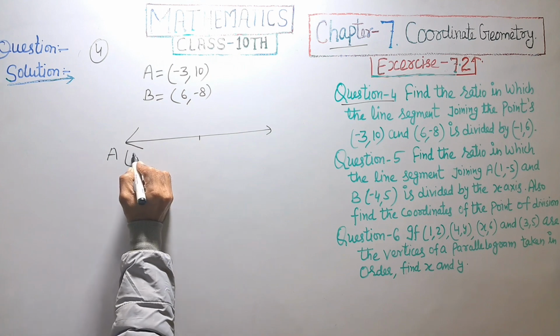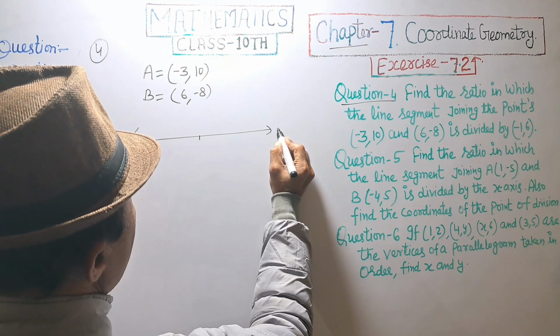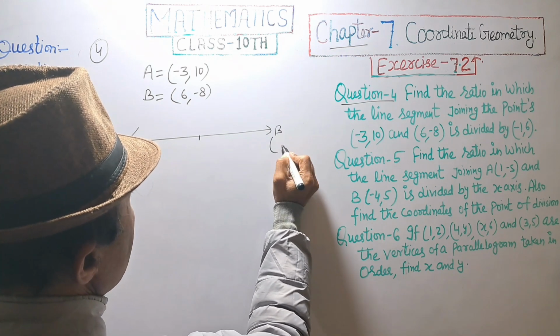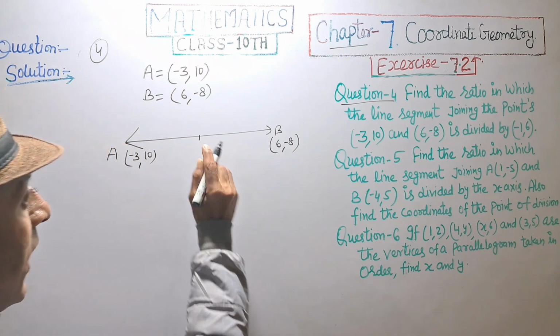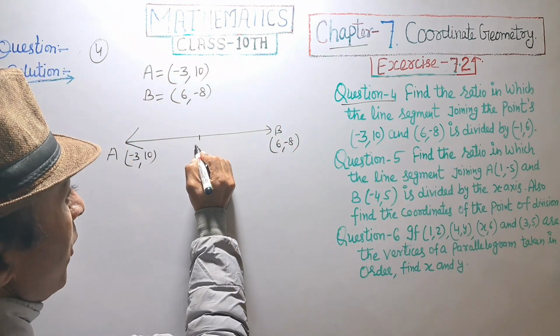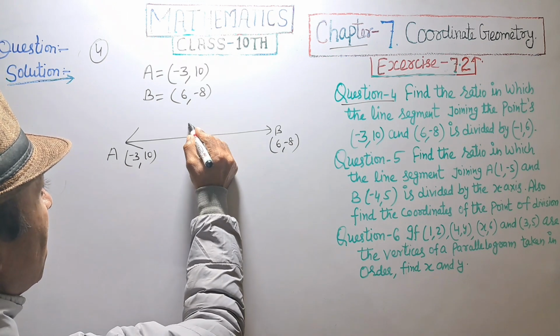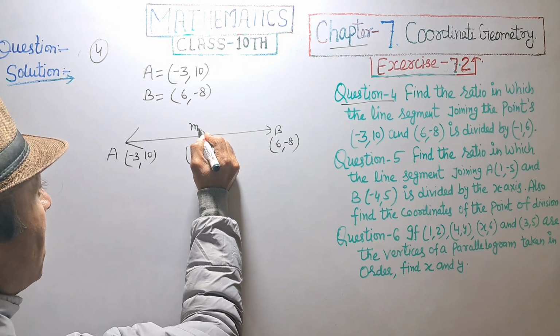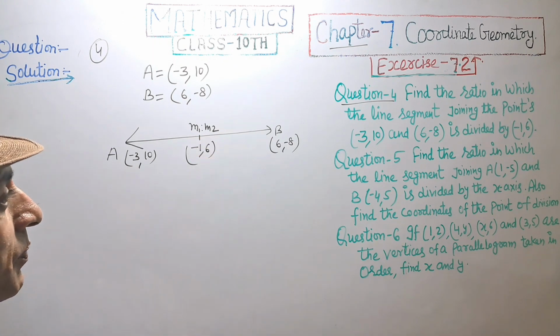A is equal to (-3, 10) and B is equal to (6, -8), and the dividing point is (-1, 6), and we want to find the ratio M1 to M2.